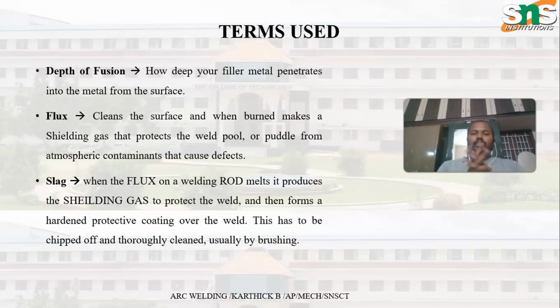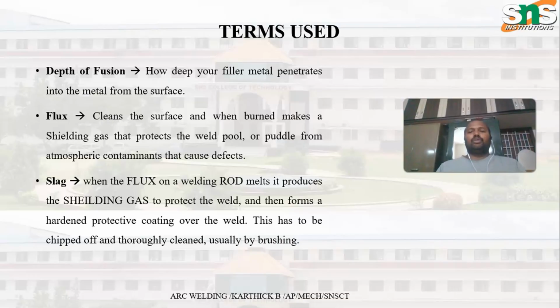In the covered electrode process, the covering is nothing but the flux. Here the flux does two things. The first is that it gets burned out and makes a shielding atmosphere around the weldment. As already said, that is the work of the shielding gas.